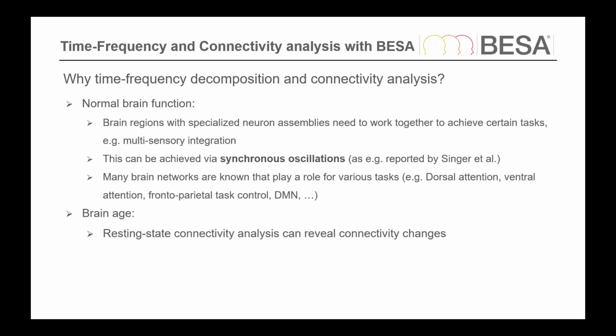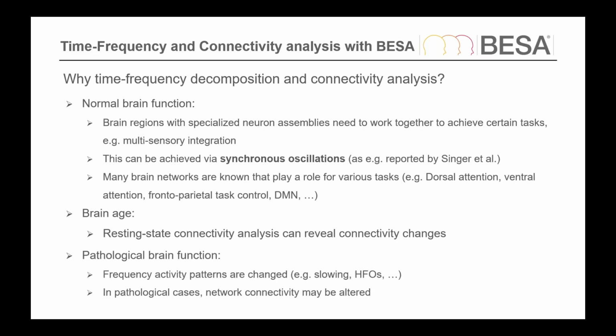A recent development was that brain age analysis became more popular, and this is usually done using resting state connectivity analysis that can reveal connectivity changes. And also in pathological brain function, we find sometimes that frequency activity patterns are changed.